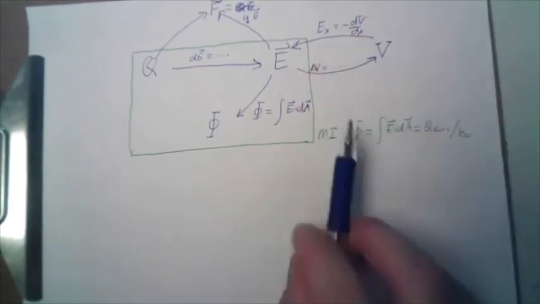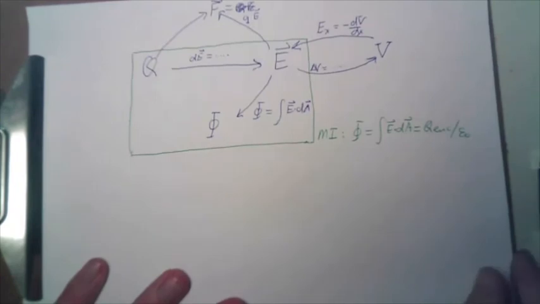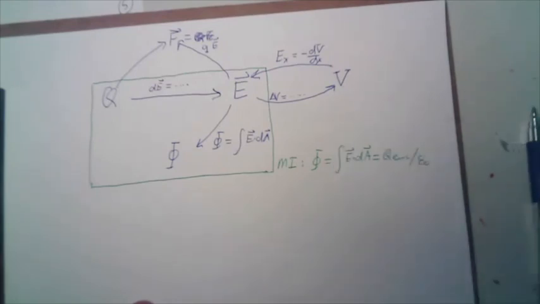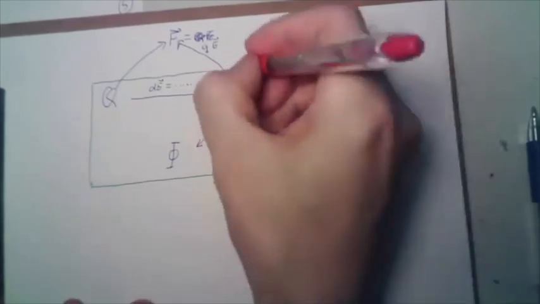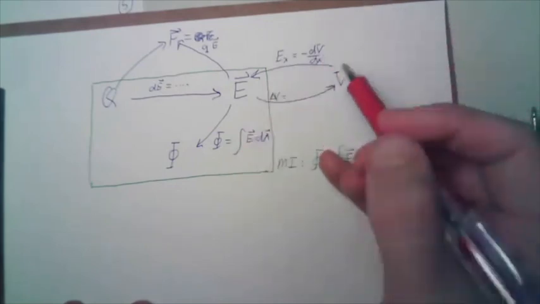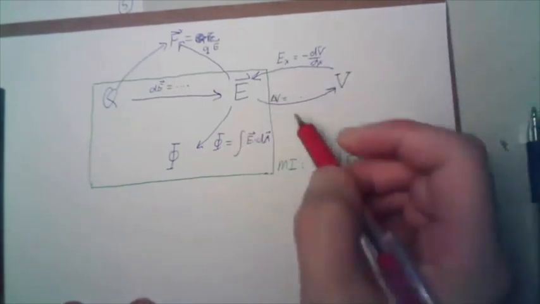And now the final thing is we can say something about the fact that the electric field is a conservative quantity, because we know that if we go in a closed path in the circuit, the potential difference ends up being 0 if you always come back to the same position.